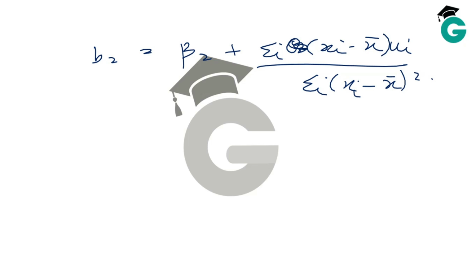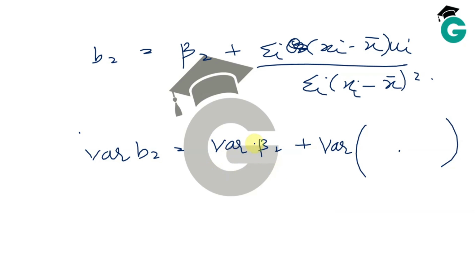Okay, so if I say variance of B2 equals variance of beta 2 plus variance of this entire term, the variance of beta 2 is going to be equal to 0, right, because it's a constant, and what you're left with is the variance of this particular term here.